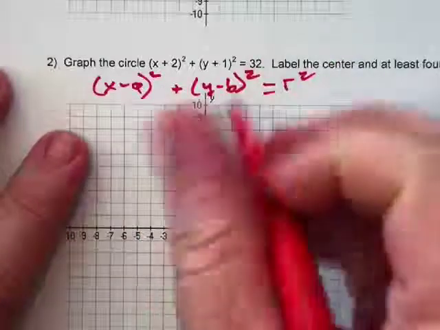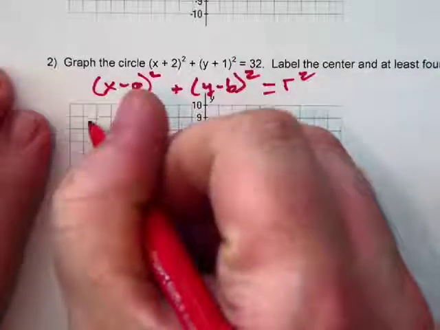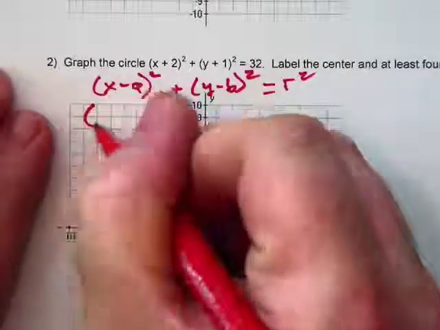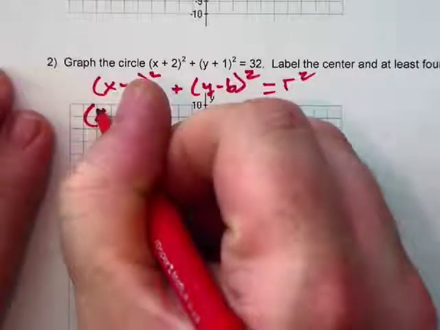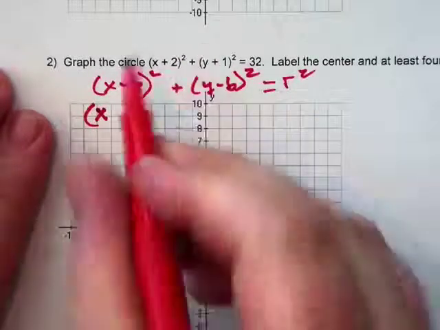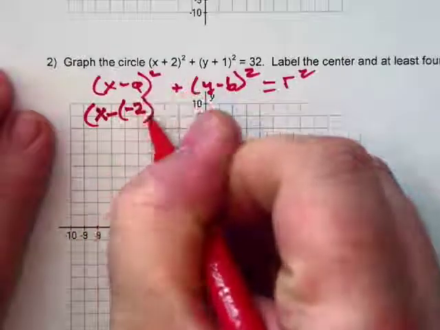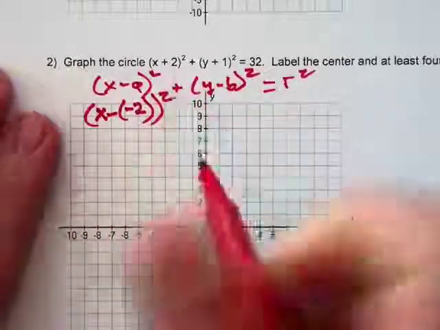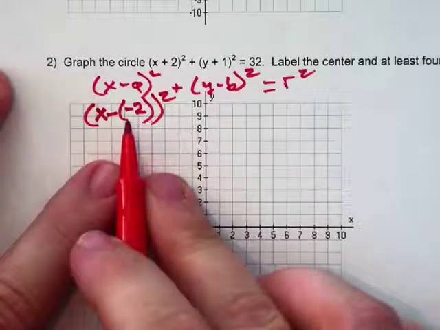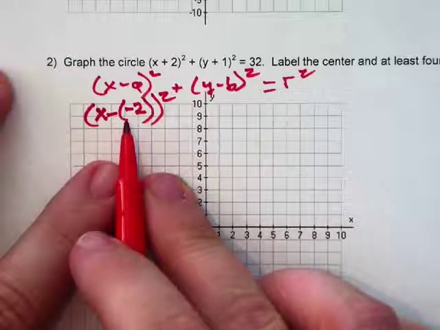Well, if you subtract a negative, then you have the right formula. So I'm just going to change that to be x, and then I'm going to say minus a negative 2, squared. And I put that in parentheses just so I remember. That's a negative 2.